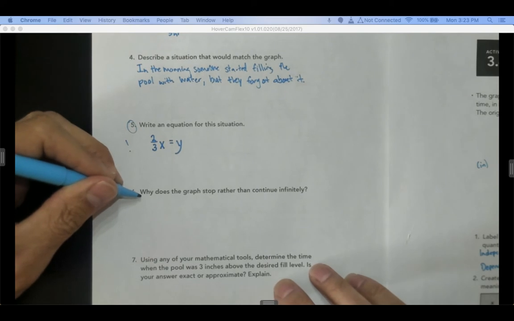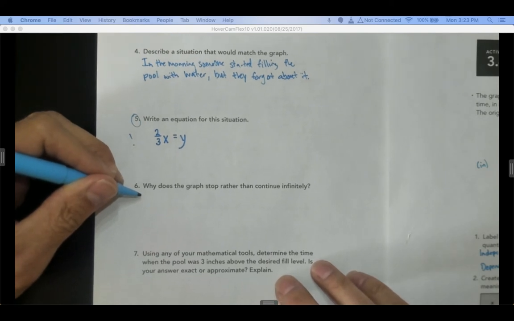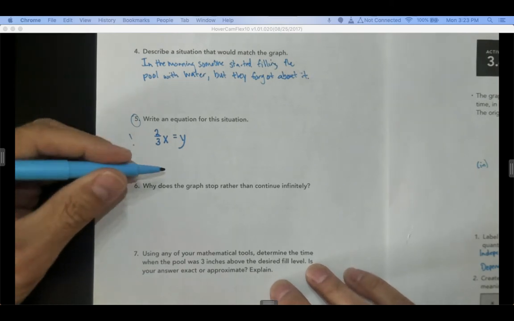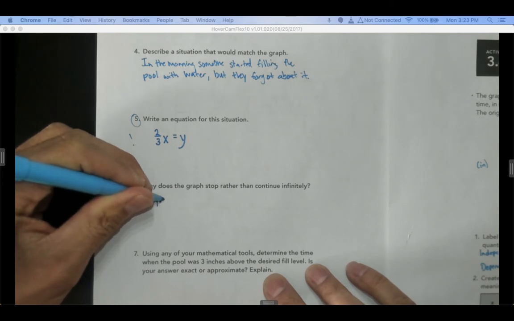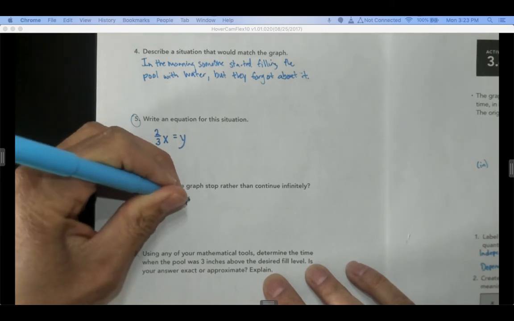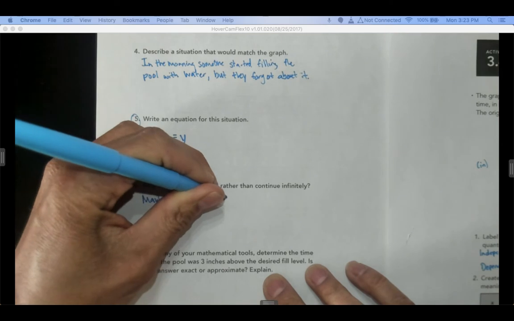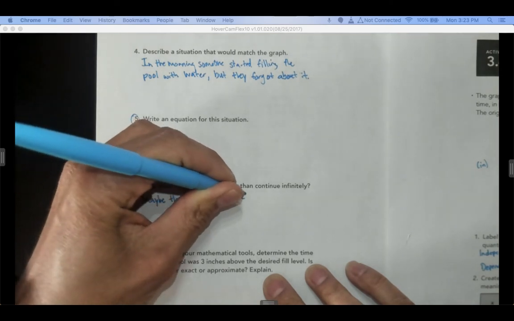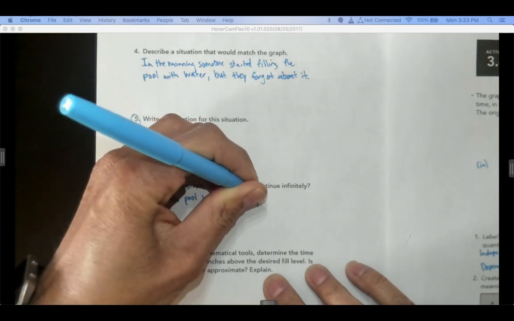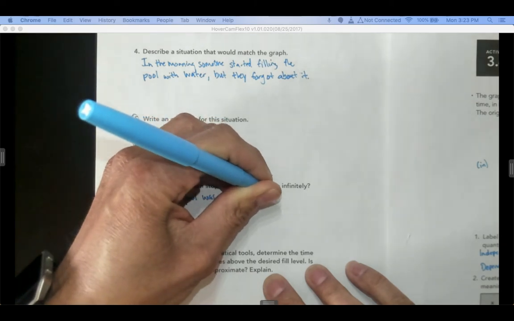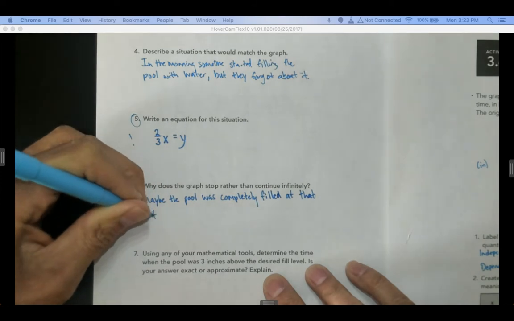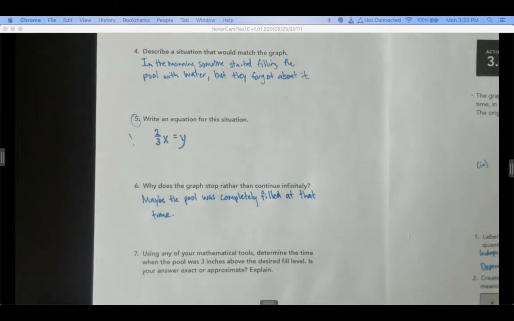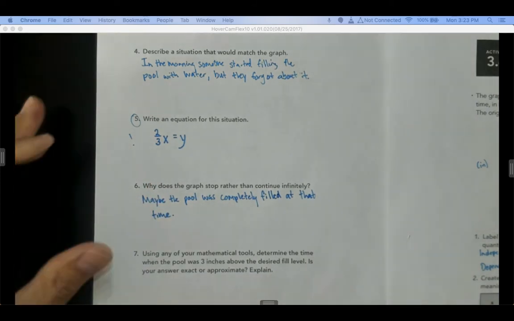Why does the graph stop rather than continue infinitely? Maybe the pool was completely full at that time. And so all the water that was added after that was spilling out of the pool.